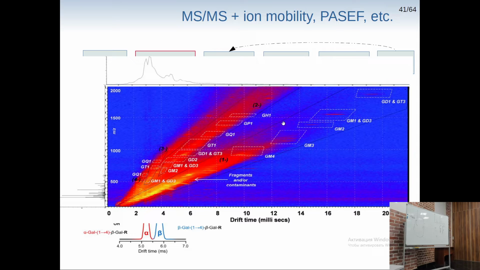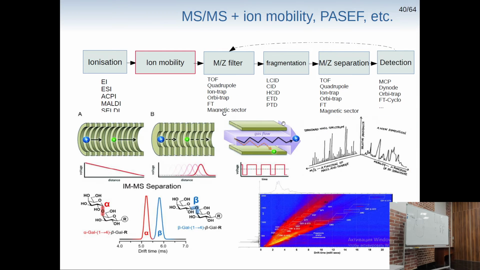Other providers have to devise some other kinds of separation. They're also called ion mobility, but it's not with gas as here, but with either an electric field or some other ways, which is not as effective, unfortunately. But I think that others will also catch up and will use ion mobility in proteomics more.